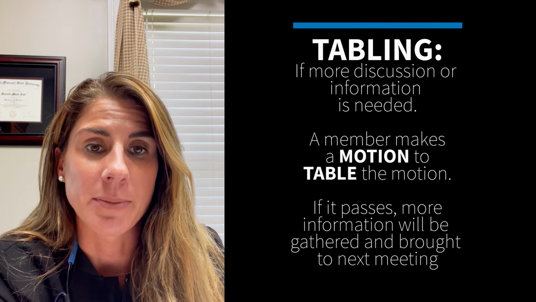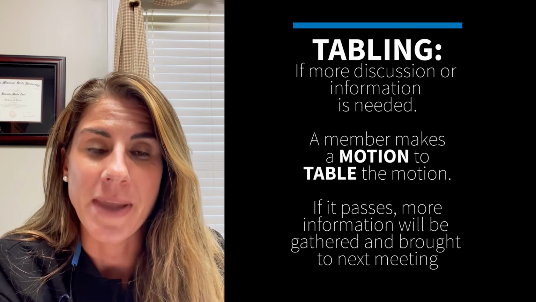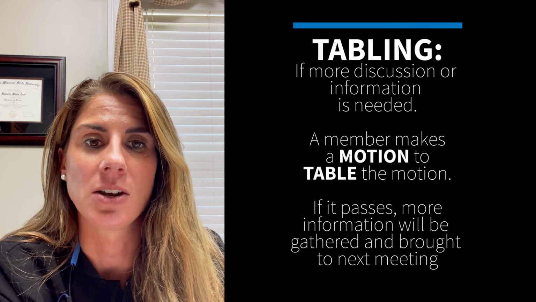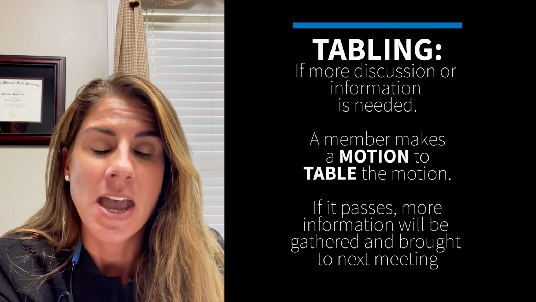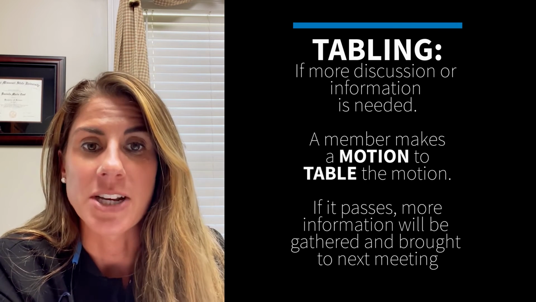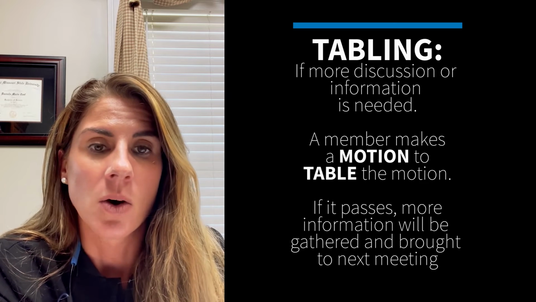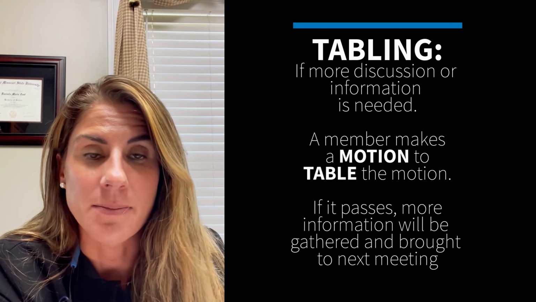If a member makes a motion to table an item and that passes, what happens is that goes back either sometimes through the central office team, and they will investigate, bring more information so we can talk about it at the next meeting. Or sometimes there are even committees that may be formed to investigate particular issues or concerns for the membership. Either way, information is then brought back to the next meeting on the agenda, and the same topic is brought back up and voted on or discussed again.